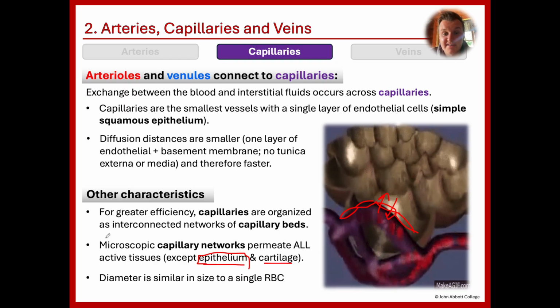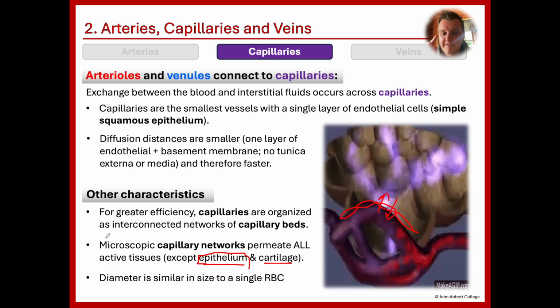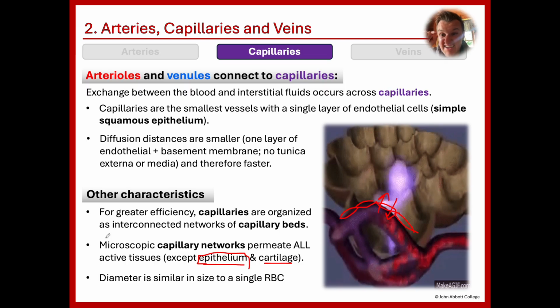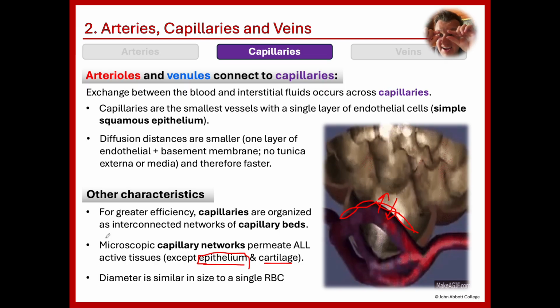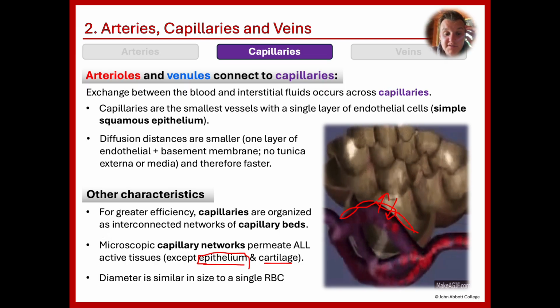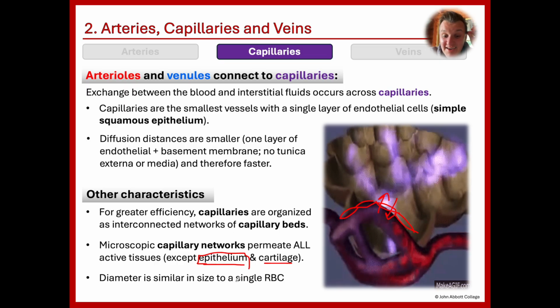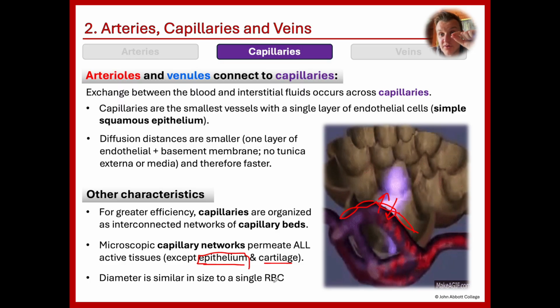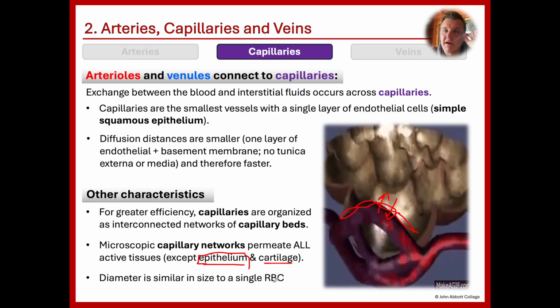Some characteristics of capillaries. Again, I want to emphasize they are the smallest of the vessels. They are tiny, tiny little vessels, similar in size to a single red blood cell. You can't even see a single red blood cell, so imagine how small these are, right?